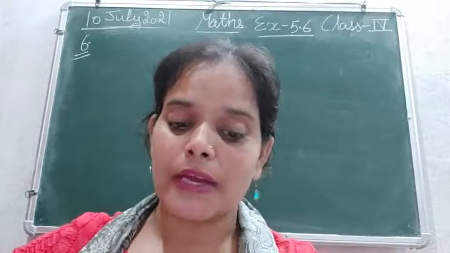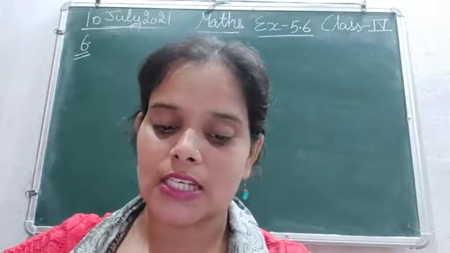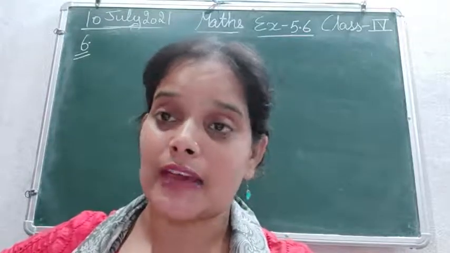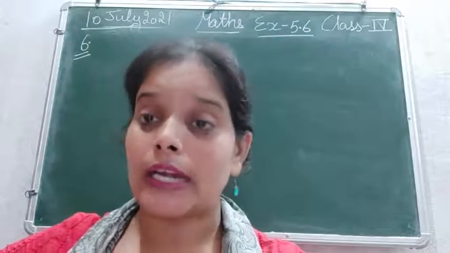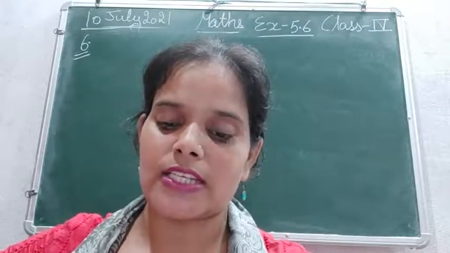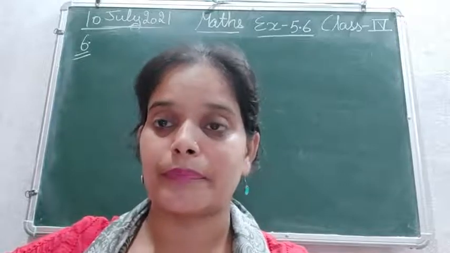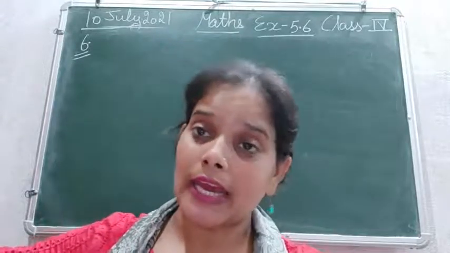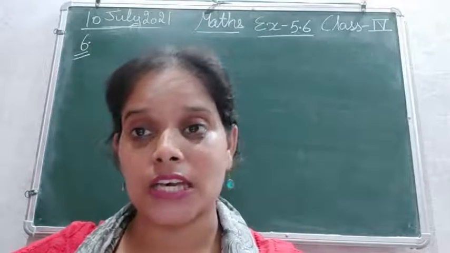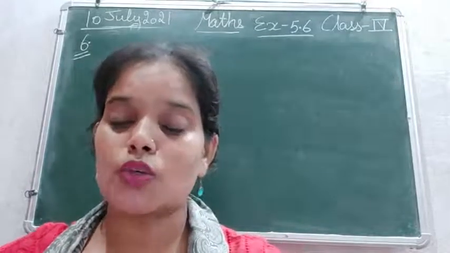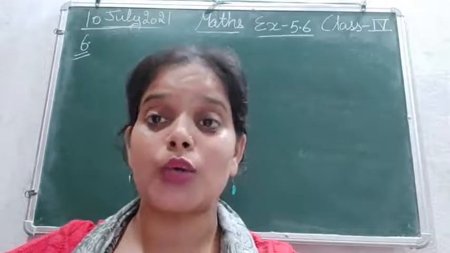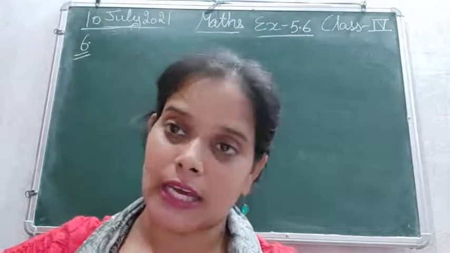A shopkeeper has 768 tins of ghee in stock. एक शॉपकीपर के पास 768 टिन्स हैं घी के. ओके, इफ ईच टिन कंटेन्स 18 kg घी. सो अगर एक टिन में जितना भी घी है उसका वेट है दैट इज 18 kg. व्हाट इज द टोटल वेट ऑफ घी इन द स्टॉक. सो हमें निकालना है टोटल घी का वेट कितना है.